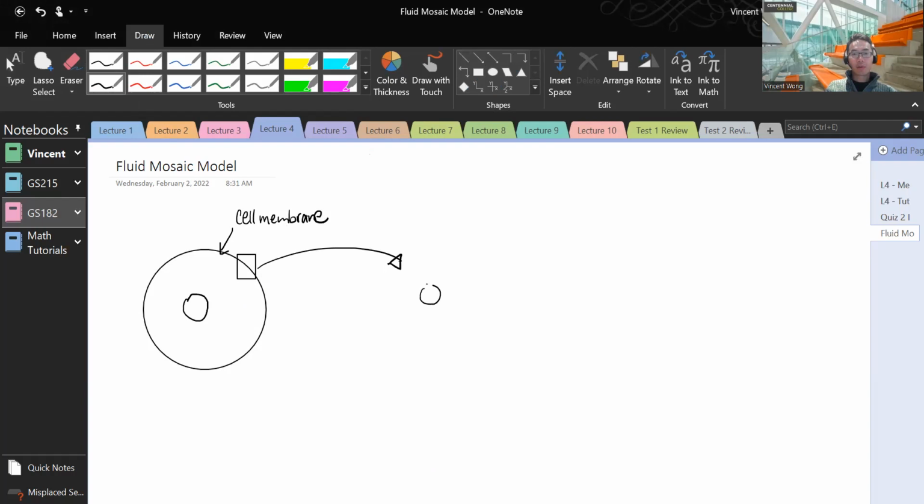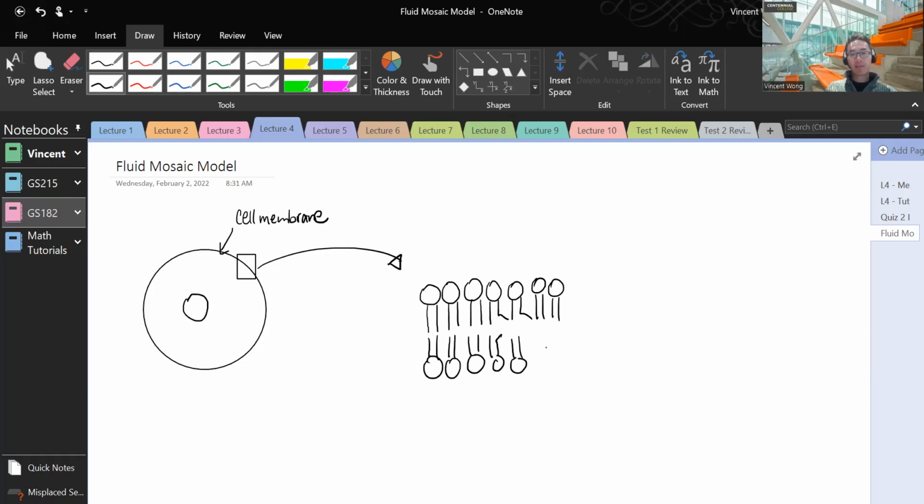So here is your phospholipid. There is the polar head, and then you're gonna have some hydrophobic tails. Okay, some of them might be saturated, some of them might be unsaturated. It's going to be a mixture of both. And depending on what kind of membrane we are looking at, sometimes you will have more unsaturated fatty acids.